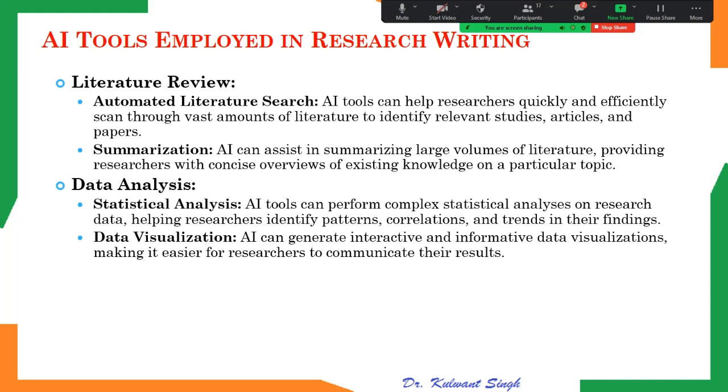And we have to find some trend, pattern, or relation in the findings to explore our research outcome, to explore the scope of our research, to provide some new information in the existing knowledge on that particular topic, to explore the novelty and map the outcome of research with our objectives and research questions. We have to identify the pattern, correlation, and trend in the research findings. Now, these AI tools can perform this task easily.